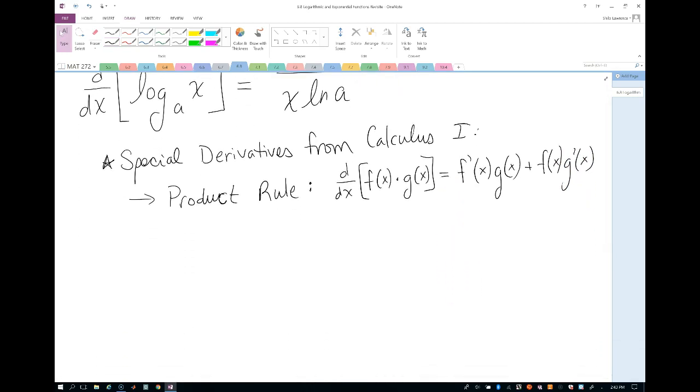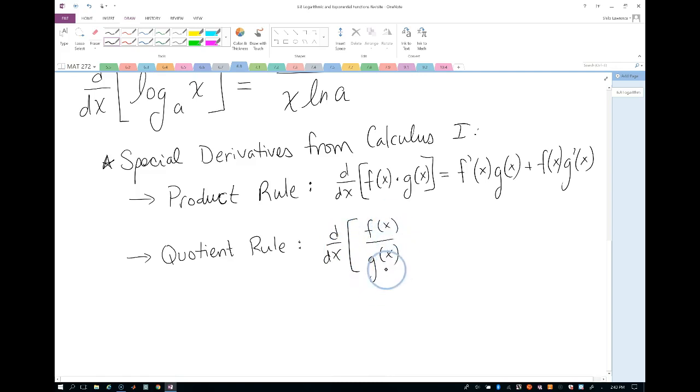So we could do some log derivatives that also require us to do a product rule. The quotient rule is similar. We're trying to find the derivative of a fraction that contains two functions of x. So our derivative is going to be a fraction.